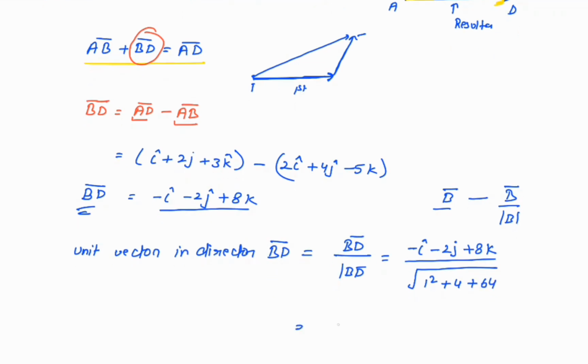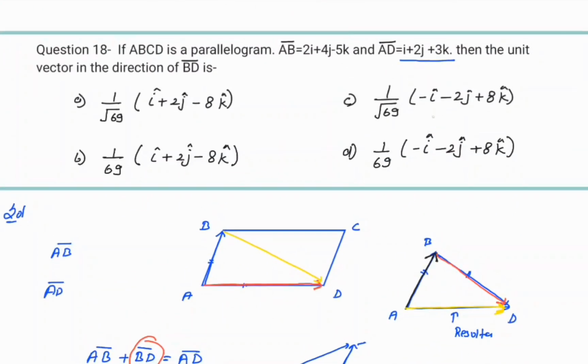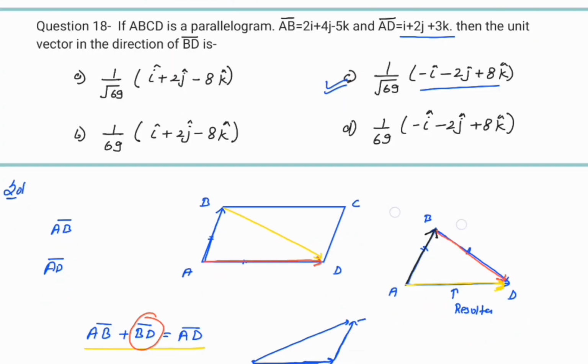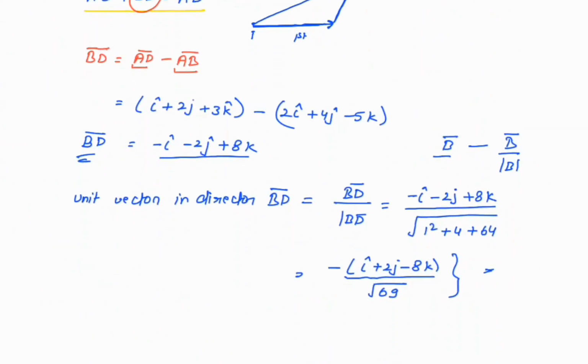Okay, now solve it. You will get minus, taking common outside, i plus 2j minus 8k divided by under root of 69. This is a unit vector in the direction of BD. Okay, this is your right answer.